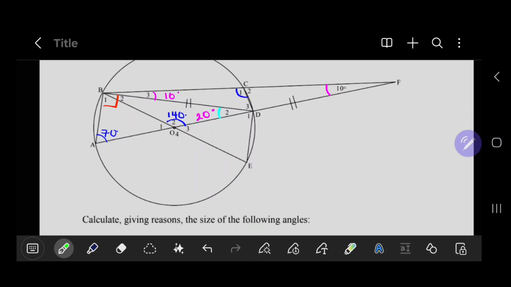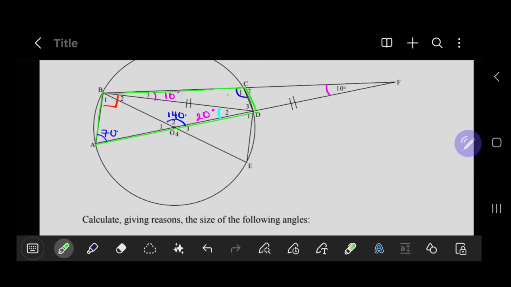And just by having a quick look at this, you should realize that angle C1 is part of a cyclic quadrilateral. So the cyclic quadrilateral that I'm focusing on is this, which I'll refer to as ABCD. So how do we know that it's a cyclic quadrilateral? Firstly, it is a 4-sided shape. All 4 corners lie on the circumference of the circle. That makes it a cyclic quad. Now, in a cyclic quad, we know that the opposite angles are supplementary. So if we take angle C1 and we add 70, we should get 180 degrees.